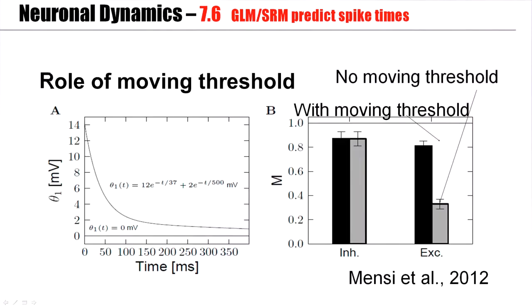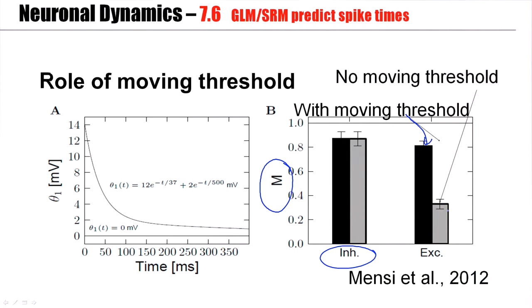You may wonder why we need the moving threshold. Well, in fact, for an inhibitory neuron, you don't really need it. For an excitatory neuron, the percentage of correctly predicted spikes, spikes that are predictable, that are reliable, is much better with the moving threshold than without the moving threshold.